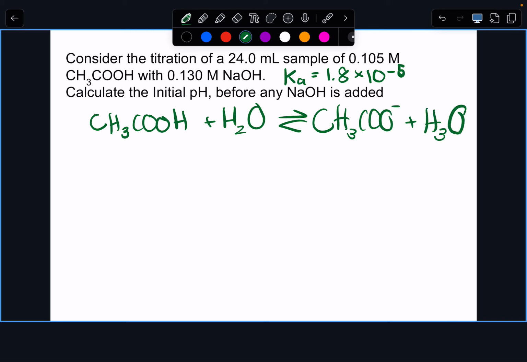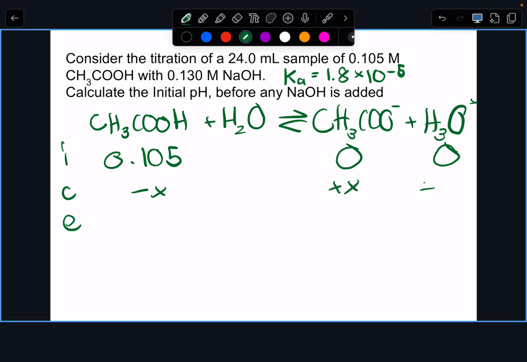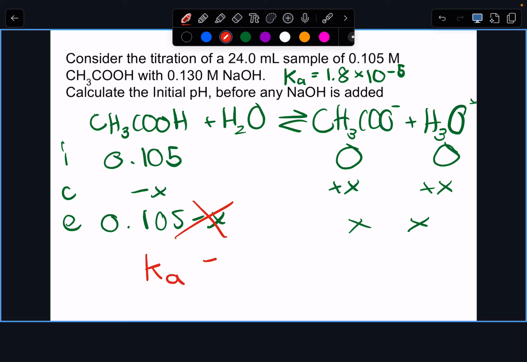Looks like this. 0.105 molar, minus X, plus X. We have a nice small K though, so I can get rid of that minus X. Do these look familiar?